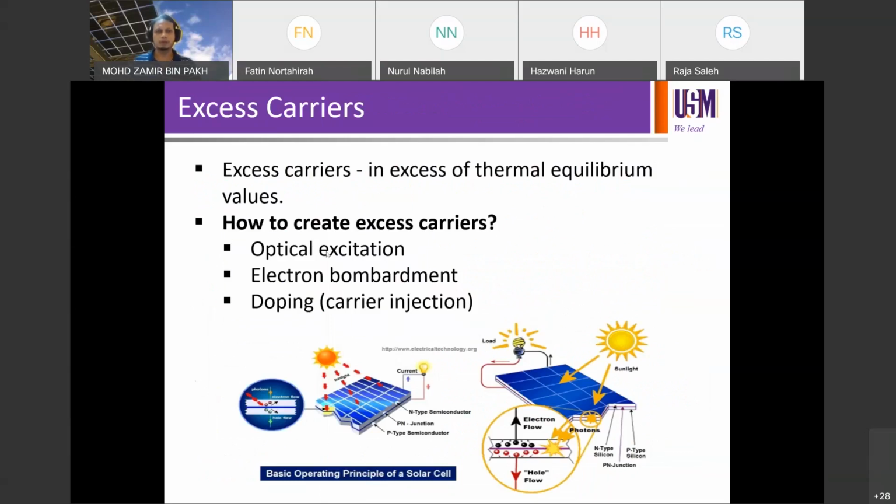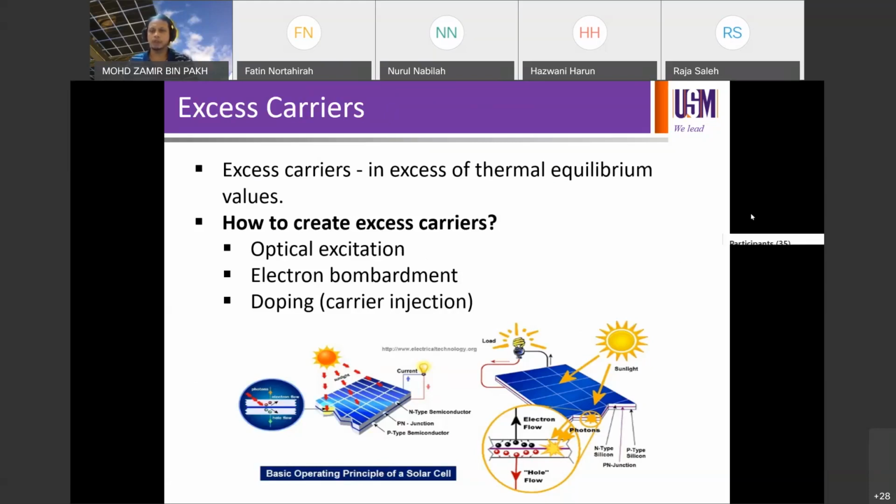Then we moved on to excess carriers, in which we introduce new carriers into the semiconductor material on top of the carrier density at thermal equilibrium. There are a few ways that we can use to generate excess carriers. For example, in this slide, you can see we can use optical excitation.